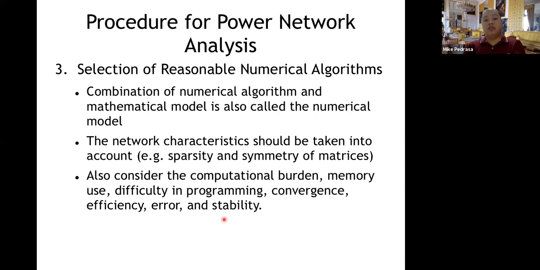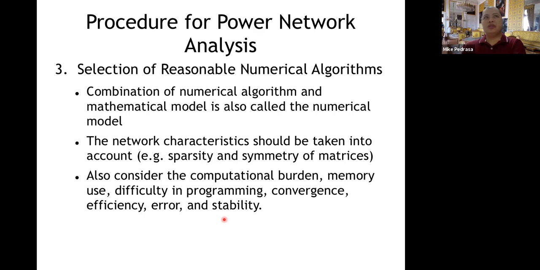Next is a selection of reasonable numerical algorithms. So now we already have a set of equations. The task at hand is to determine the unknown variables. How do we solve for the voltages and the currents? At this point, we are now going to choose the numerical algorithm.